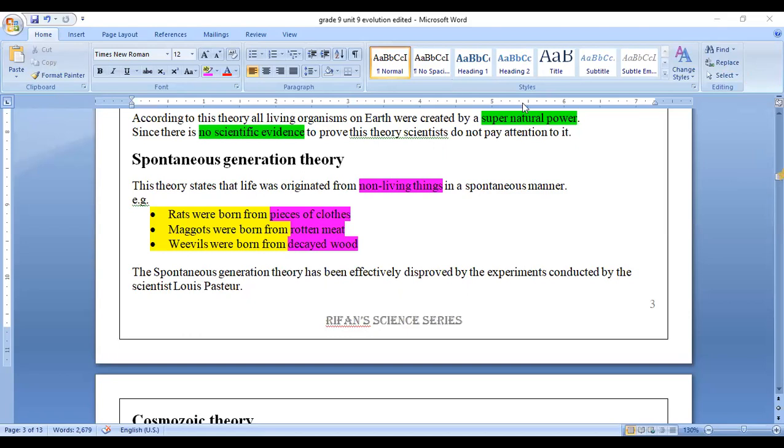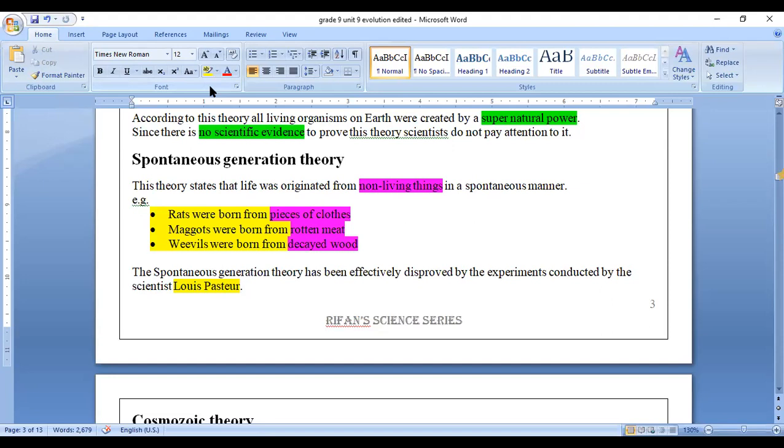No, sir. Non-living things cannot become living things. It was proved incorrect by 3 people. Your syllabus says only one person's name: Louis Pasteur.